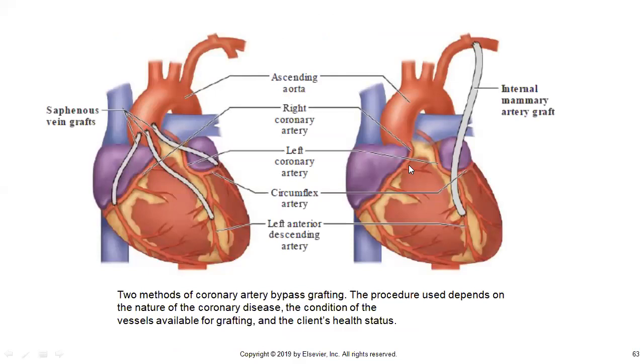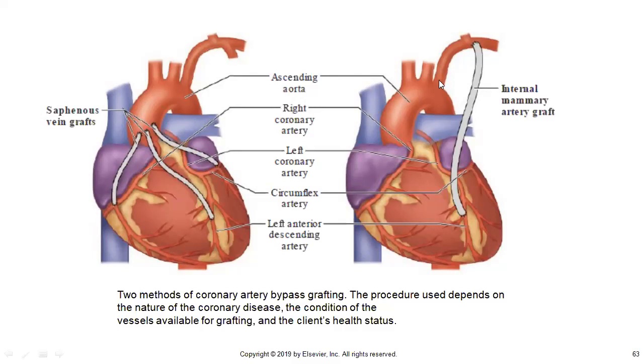The heart is supplied by two great arteries, left coronary and right coronary. If either is blocked, or with persistent ischemia, then we use the bypass.